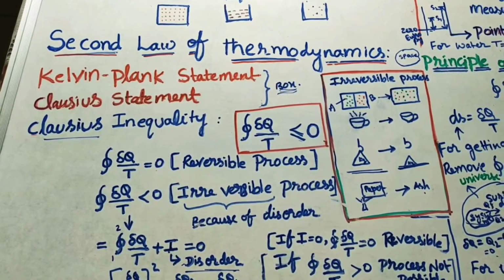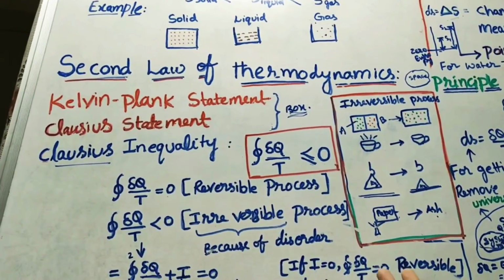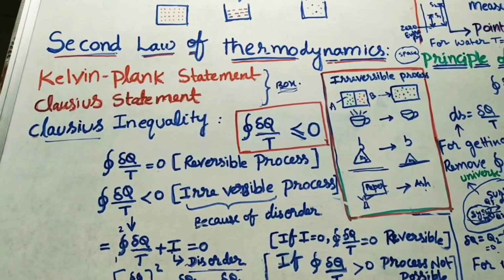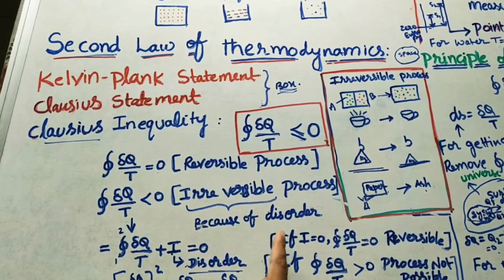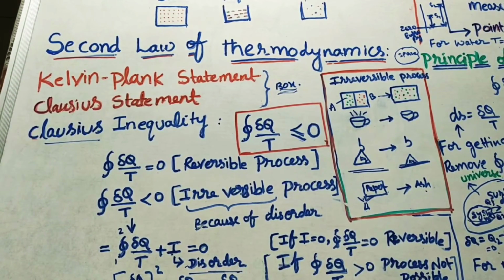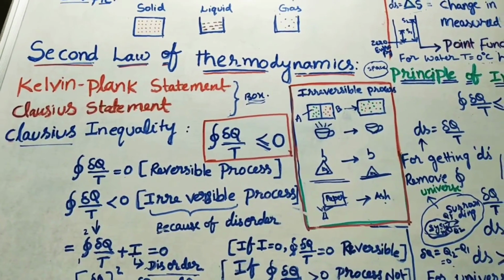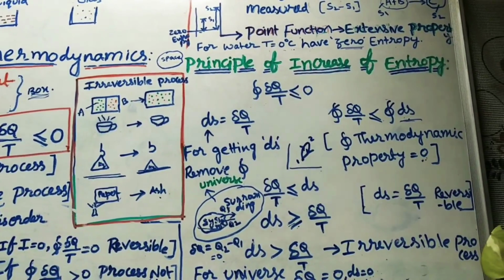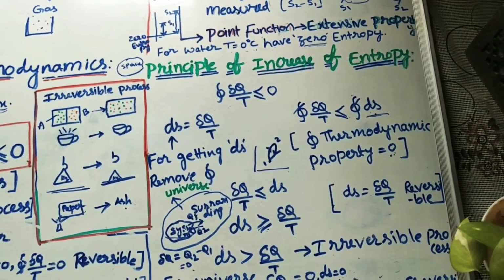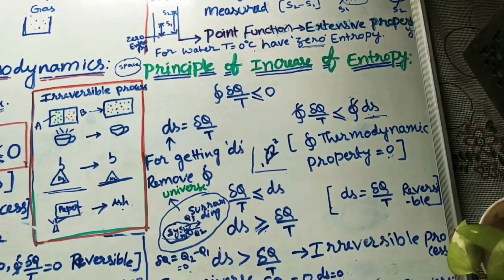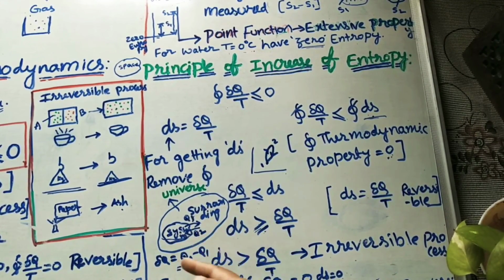We can calculate the direction of the process, instantaneous irreversible process, by using this inequality. Also we can find which process is reversible, which is irreversible, and which is not possible. These are the uses of the second law of thermodynamics. And by using this principle of increase of entropy, the entropy of the universe is always increasing because irreversible processes are taking place continuously in the universe.